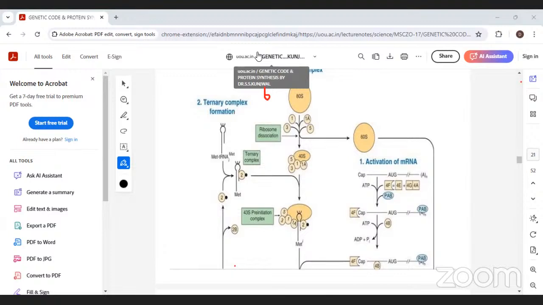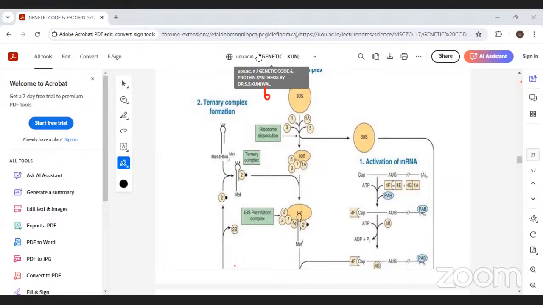Met tRNA is called methionine tRNA, which is not formylated. The factors of initiation in eukaryotes are much more complex in nature. They are eIF1, eIF2, eIF3, eIF4, 5, 6, like this.